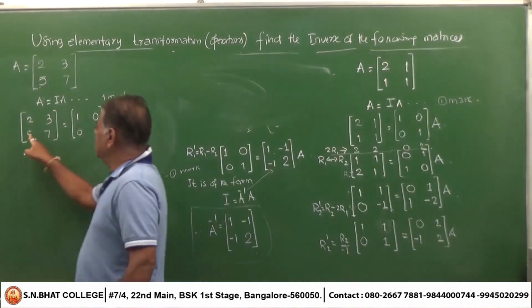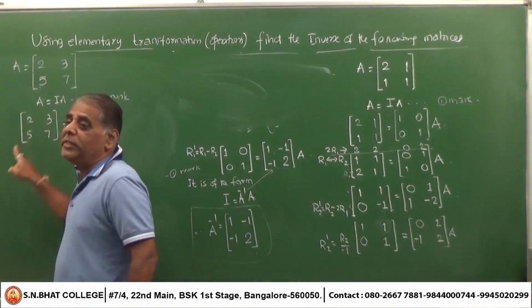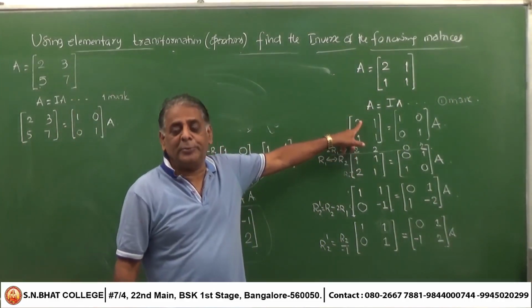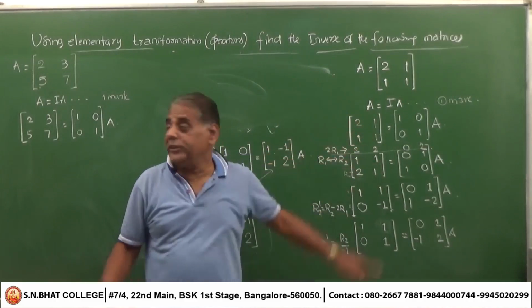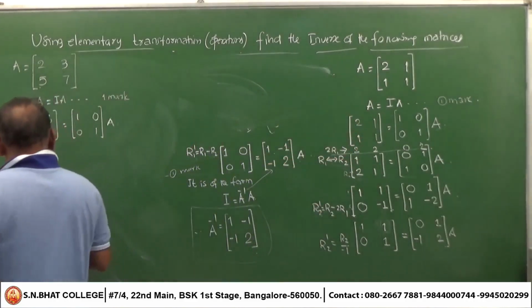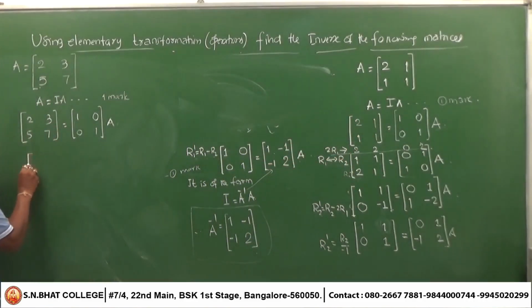Can we interchange here? No, because it is 5. In the previous problem, it is 1. To make the first element 1, I interchanged. Here I can't interchange to get 1. Therefore, to make 1, either multiplication or division.